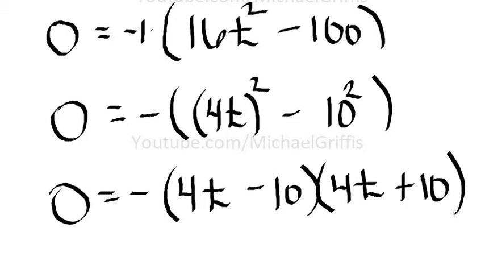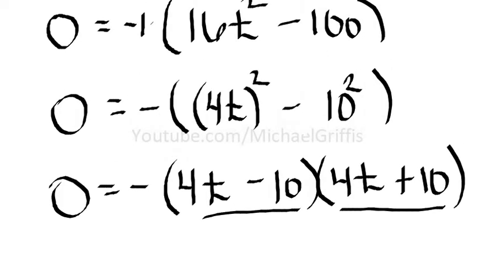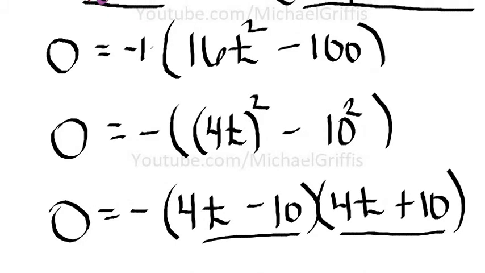See that? If you multiplied these two together, you should get 16t squared minus 100. If you don't, something's fishy. Of course you will if you're copying this problem down.